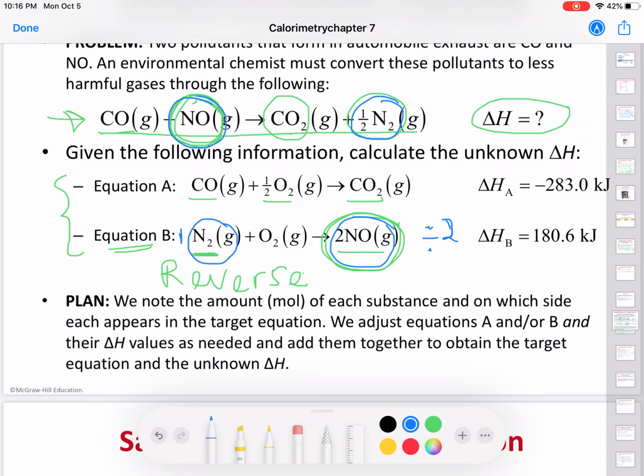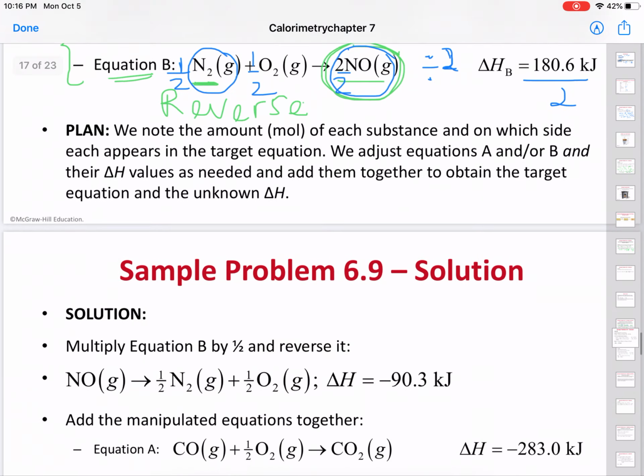Okay, so when you divide it by 2, this would become half, this would become half, and this would also become 1. And if you divide the equation by 2, you also need to divide the enthalpy by 2. So it needs to be reversed and also divided by 2.